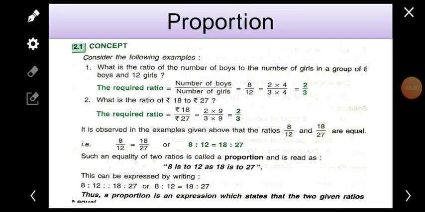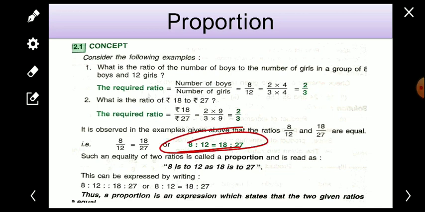Now it is read as follows. This is the proportion and it is read as 8 is to 12 as 18 is to 27. It is 8 is to 12 and it is 18 is to 27 and both are equal. So it can be read as 8 is to 12 as 18 is to 27, and that can be expressed like this.